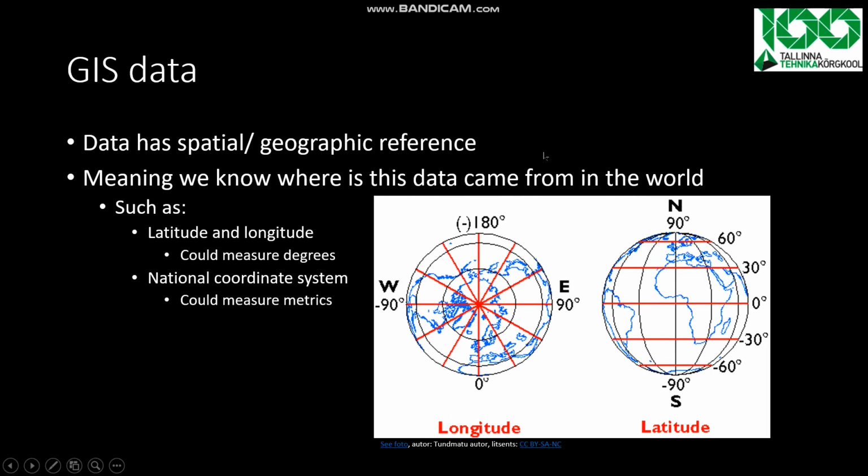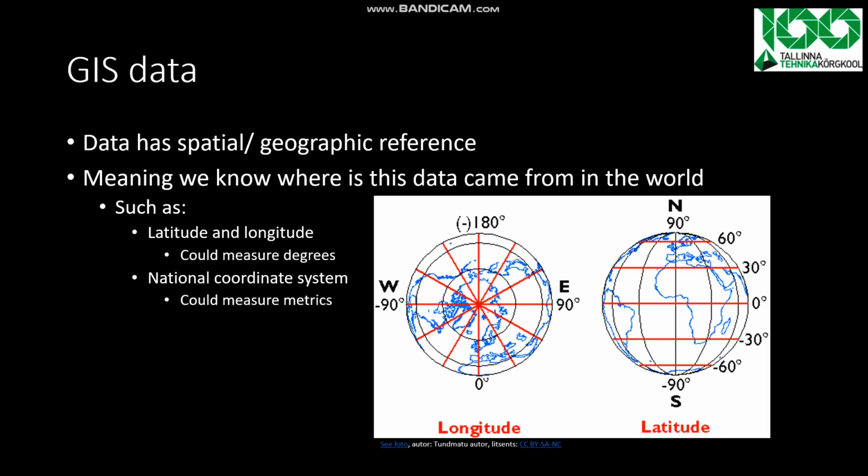GIS data always has a spatial or geographic reference, and that means we know where this data came from in the world. Where there are points on the layer, we know exactly where they have to be located on the map because they have coordinates associated with them.